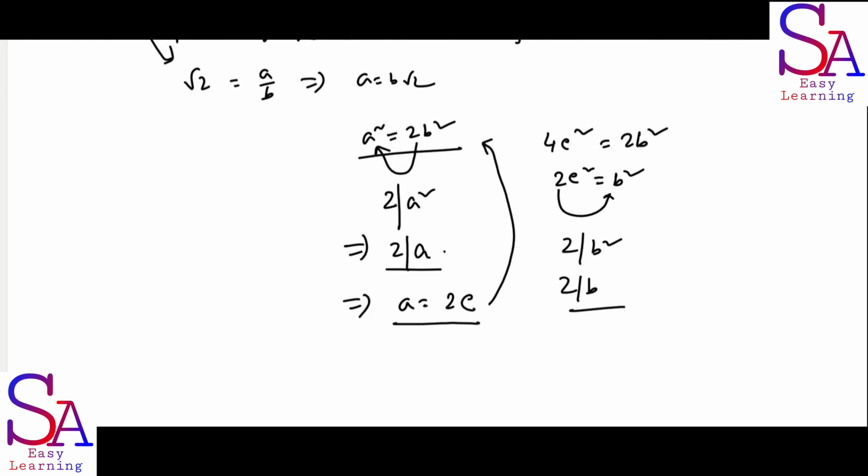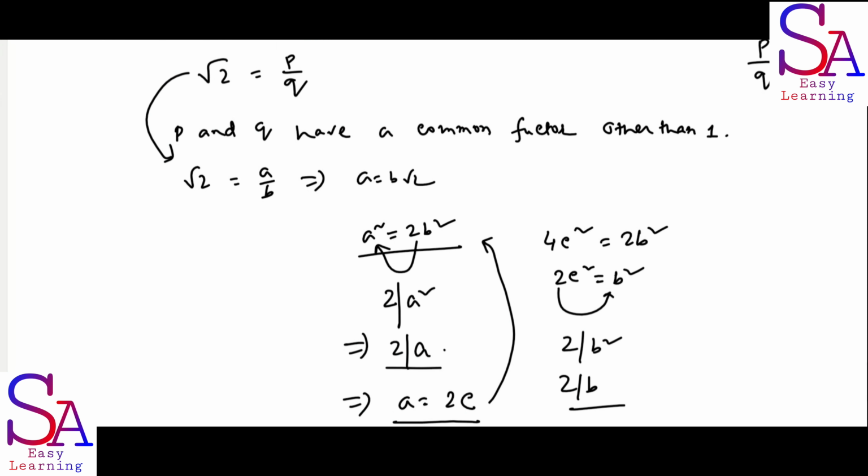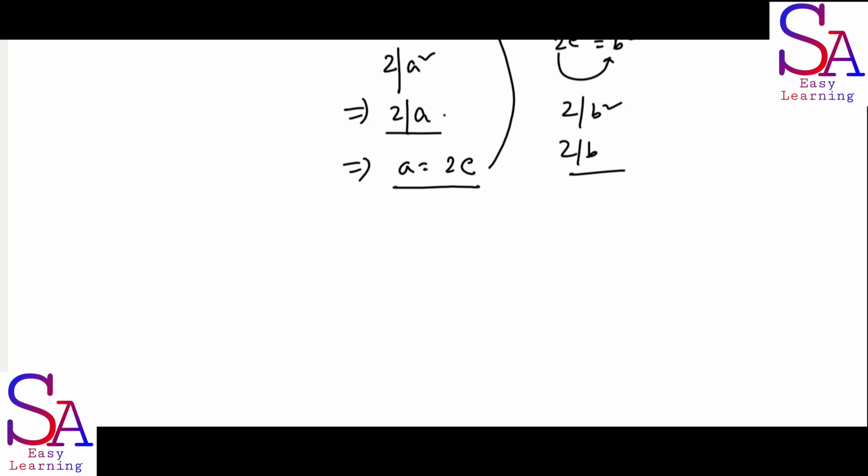Previously I said that root 2 equals P by Q, and if P and Q have a common factor other than 1, we divide the common factor and get root 2 equal to a by b, where a and b are integers and GCD of a and b equals 1. That means there is no common factor other than 1. And now we get that a and b have at least 2 as a common factor. So this contradicts the fact.